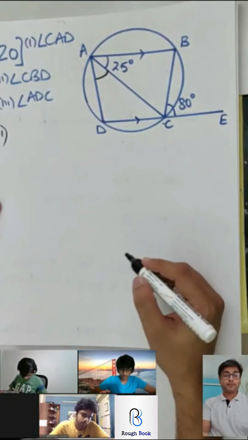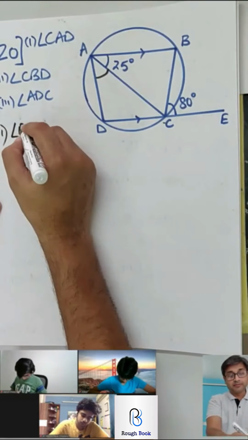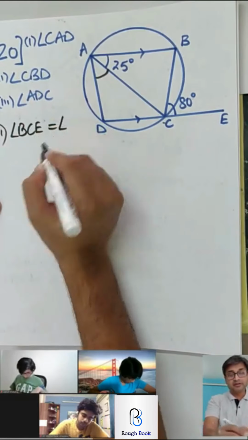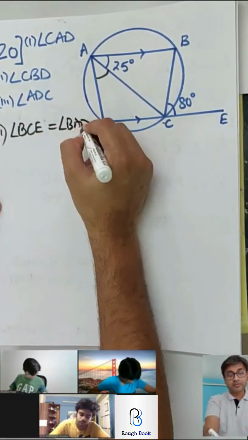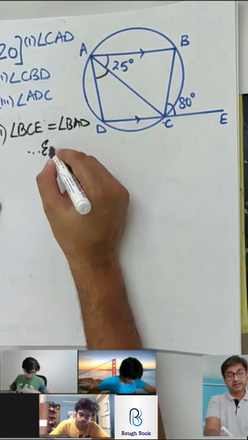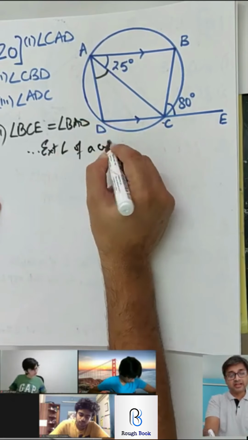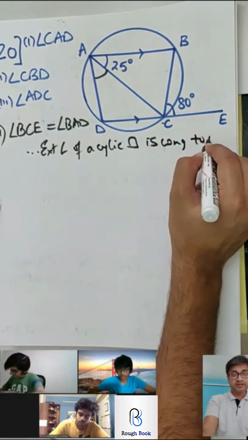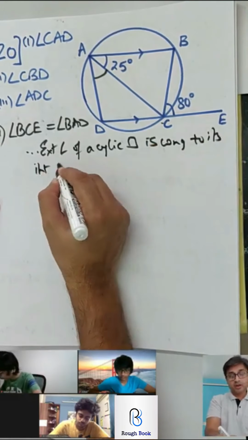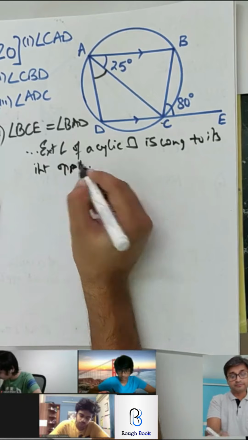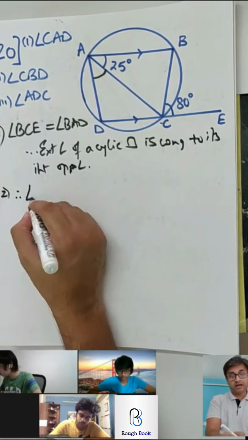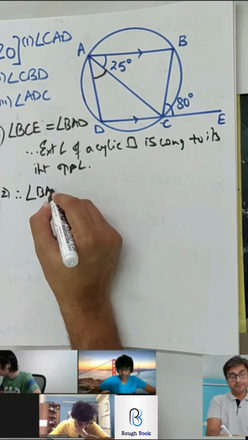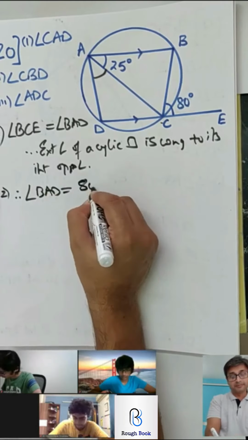Come on, everybody. So my step 1, BCE is equal to angle BAD. Write the entire reason. Exterior angle of a cyclic quadrilateral is congruent to its interior opposite angle, and therefore angle BAD is equal to 80.